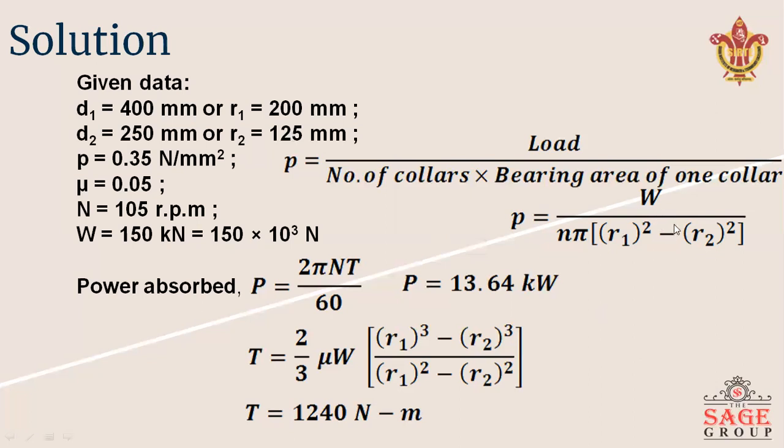Substituting all the values in this equation, we get the number of collars N equals 5.6. Since there are no half collars, either 5 or 6, we consider 5.6 as 6. So N equals 6, that is, the number of collars required is 6.